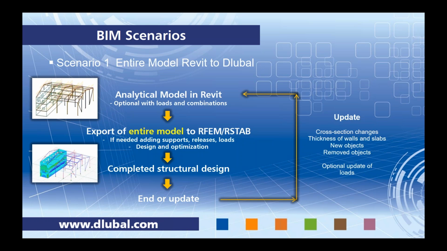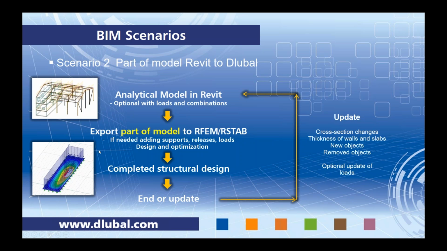I don't have to update. If I want to, I can update to an existing or to a new file, and you can update the cross-section changes, the thicknesses of walls and slabs, new objects, removed objects, and you can also optionally have an update of loads. So that's one scenario.